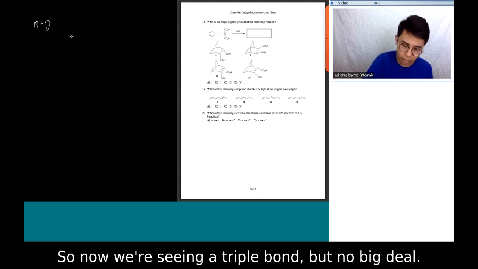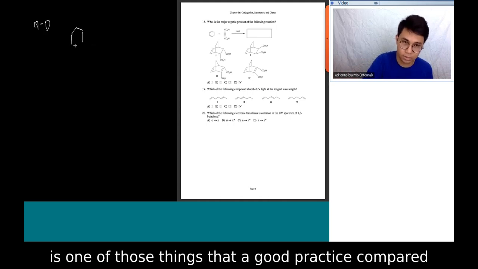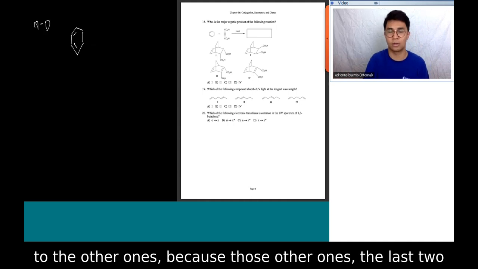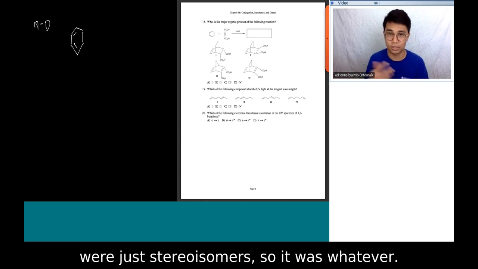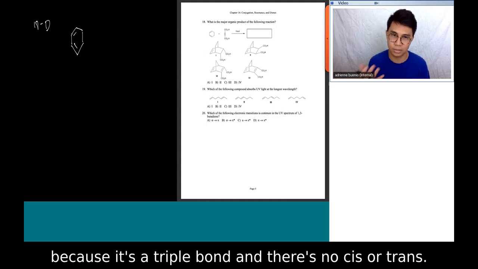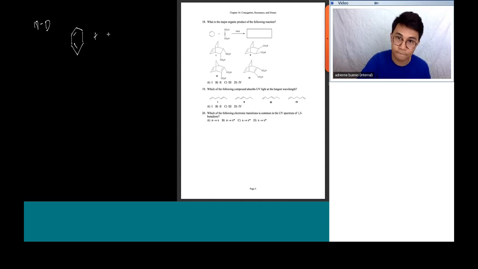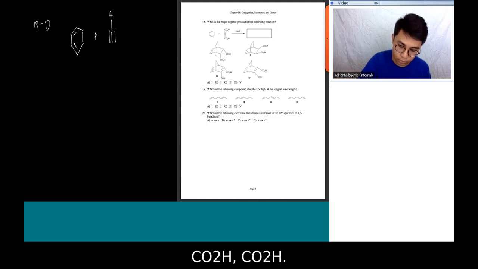So let's start from scratch, because this is a good practice compared to the other ones, because the last two were just stereoisomers, so it was whatever, right? But this time, it's not so much about stereoisomers, because it's a triple bond and there's no cis or trans. So let's see here, CO2H, CO2H.